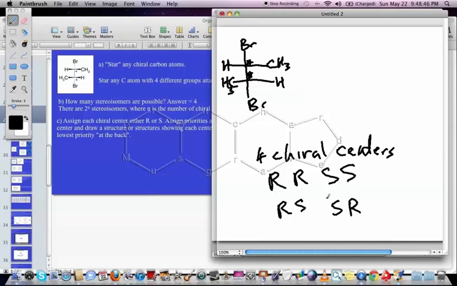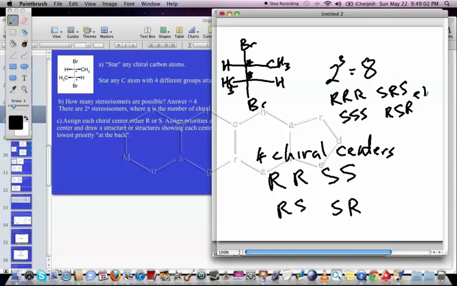That's a total of 4. But let's say it had been 2 cubed equals 8. That would be 3 chiral centers. Then that would be R,R,R, S,S,S, S,R,S, R,S,R, etc. You can come up with the other 4 on your own if you'd like. But the point is that we have as many stereoisomers as we have possibilities for those chiral centers.